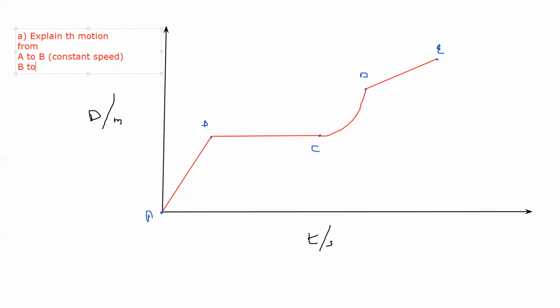What is happening from B to C? What is happening from position B to position C? So the object is stationary or at rest, or the object stopped.